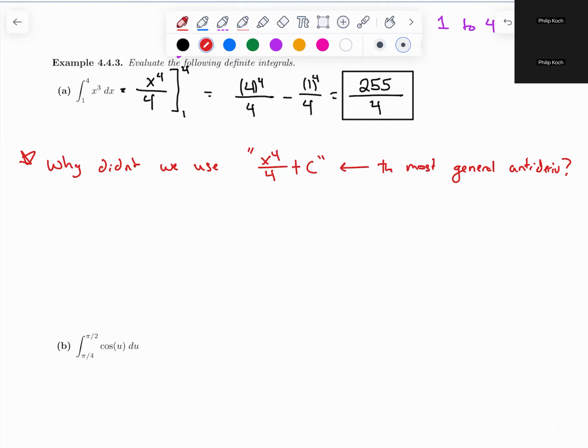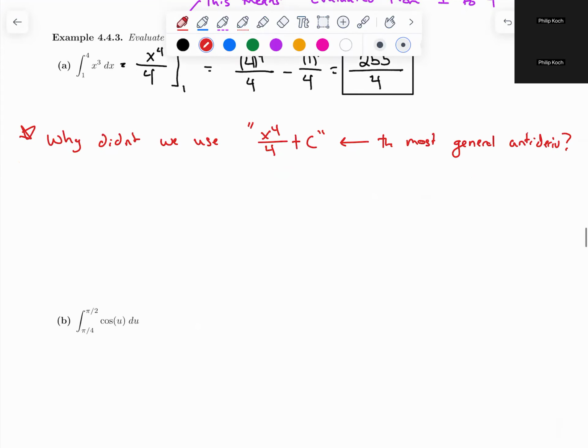Well, there's two reasons here. Reason one, it wouldn't matter at all because you'd add c in the first place, and then when you do the subtraction, you'd be subtracting c. It would cancel each other out, but let's see that in action.